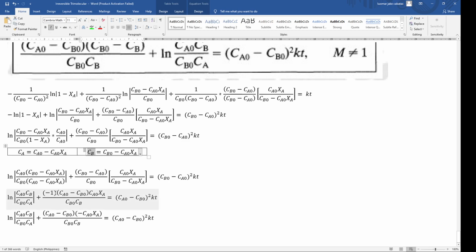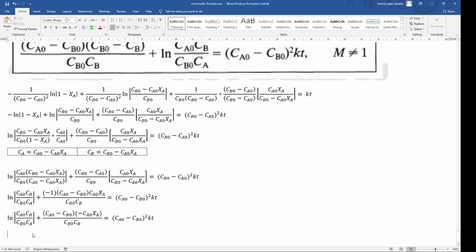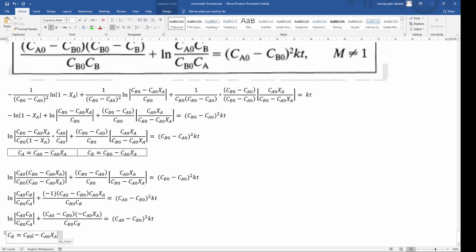So either of the two pwede. So gamiton na to ang duha. So for here, if we rearrange this one, we will get equals to C_BO minus C_B.